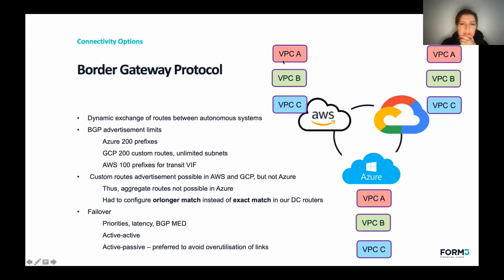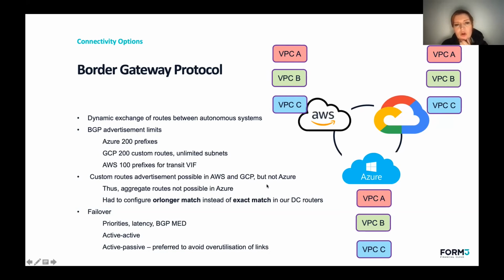In case of an aggregate prefix, it's easier because we advertise only one big aggregate prefix, and this way we stay within the limits of BGP advertisements.